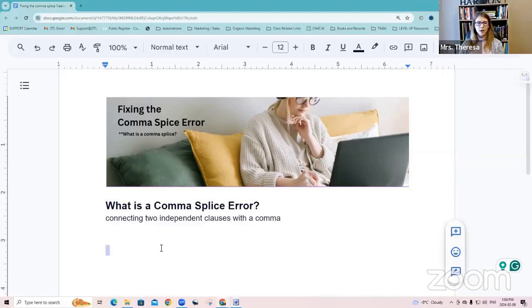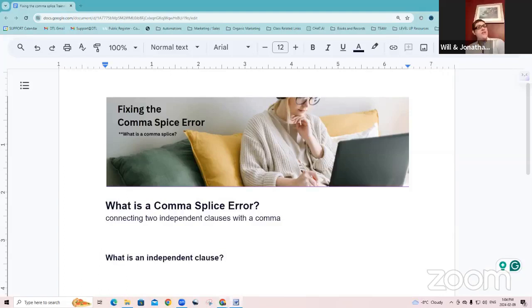Do you know what that is? Any ideas? It's okay if you don't know. Any idea, Jonathan? A sentence? Oh, you're right. It's a sentence.